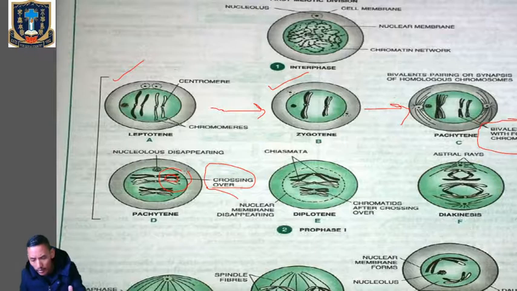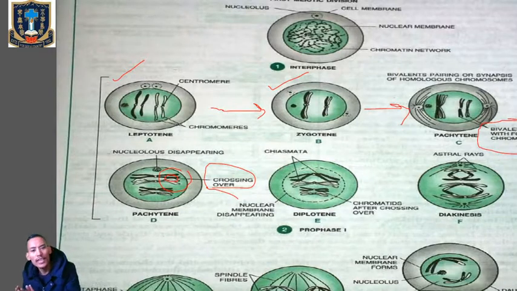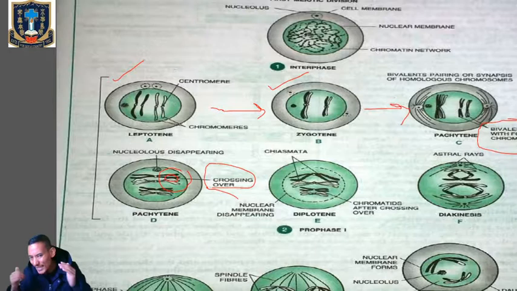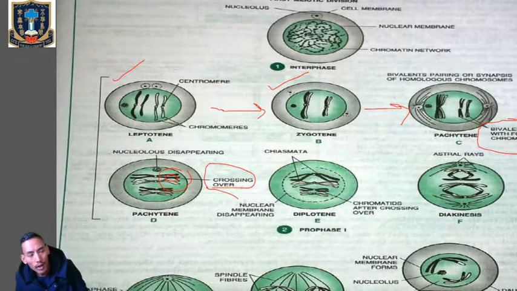And crossing over is also an enzyme mediated process. That means for the exchange of genetic materials, we need the help of an enzyme. So crossing over is an enzyme mediated process, and the enzyme that will help in crossing over is called recombinase.